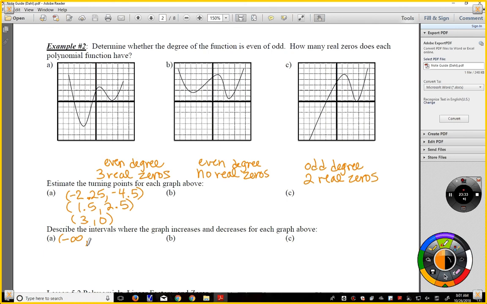You just, instead of having 2 things that happen, you have this splits it up between this and this, but then this splits it up again, and there's another piece, and then this splits it up again, and there's another piece. So it's decreasing from -infinity till here, and I said that this point seems to occur at an x value of -2.25. And I'm going to label my interval. So this was decreasing, right?